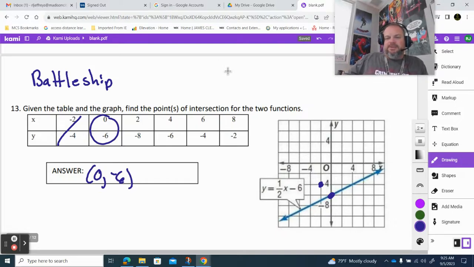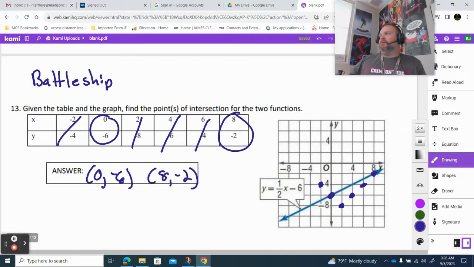Okay. (2, -8). Nope. (4, -6). Nope. (6, -4). Nope. (8, -2). Yes! You sank my battleship. Actually, I think this would be more like a frigate or something.